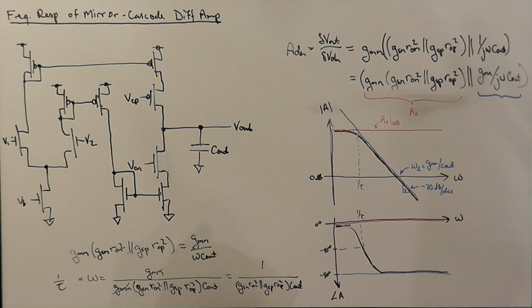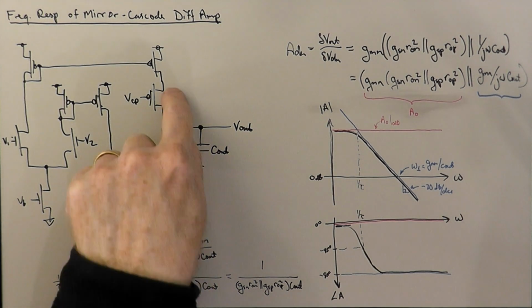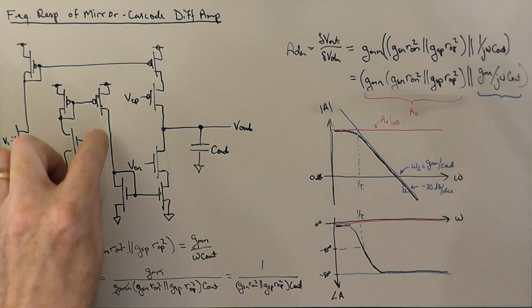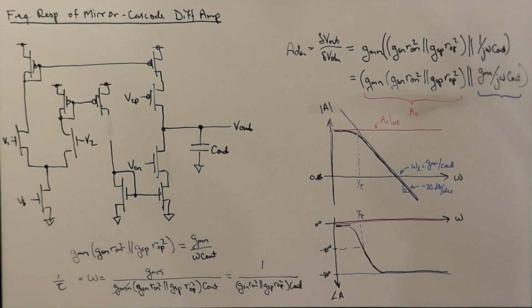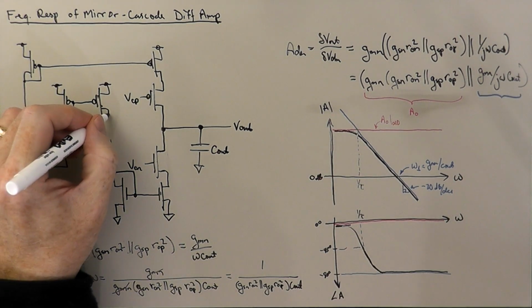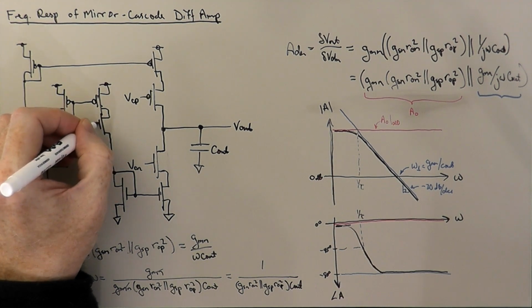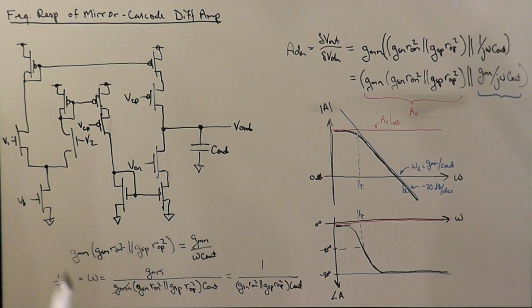And in practice, if we wanted to use a circuit like this, we probably could not get away with just putting the cascode transistors in this output branch. We would probably also, for the sake of symmetry and making the response of the circuit less prone to offset, need to cascode this PMOS transistor, and we could use the same cascode bias voltage here, VCP.